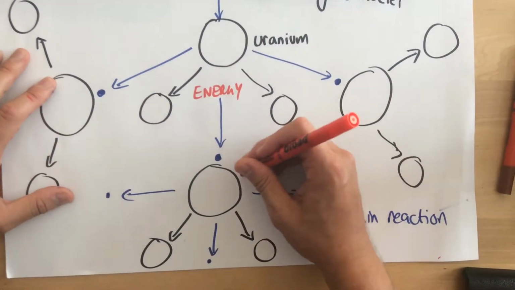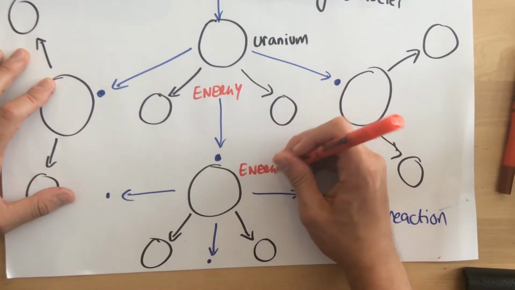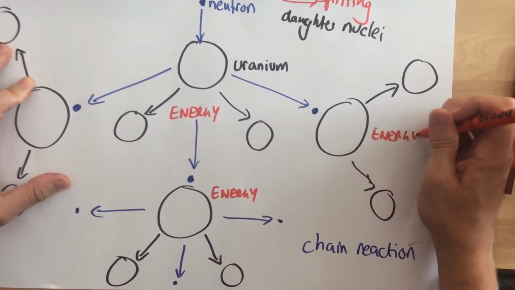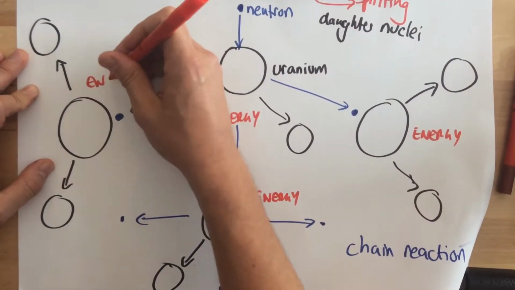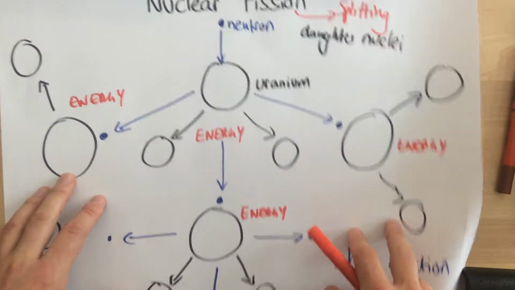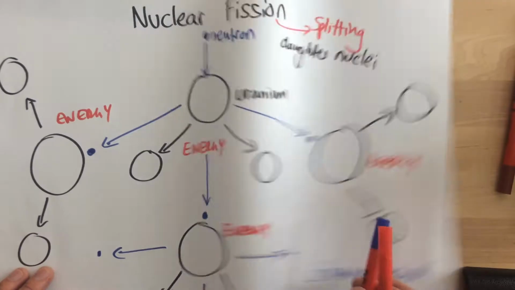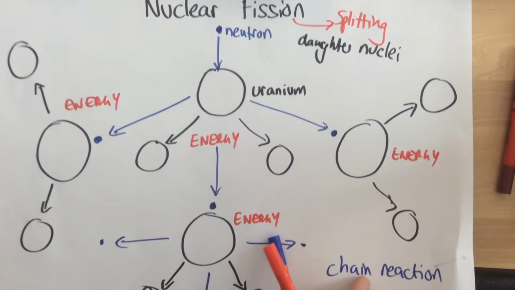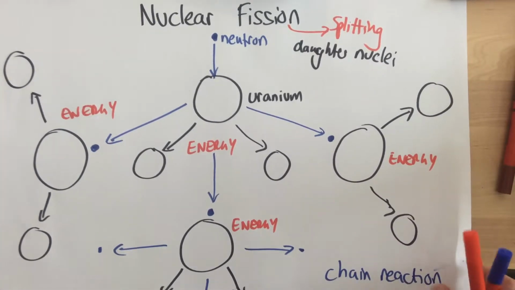Please also remember that every single time we have one of these uranium nuclei splitting, lots and lots of energy is being released. So we have loads and loads of energy being released. So, how can this energy actually lead to us being able to generate electricity? So, in a nuclear power station, we have several different features.